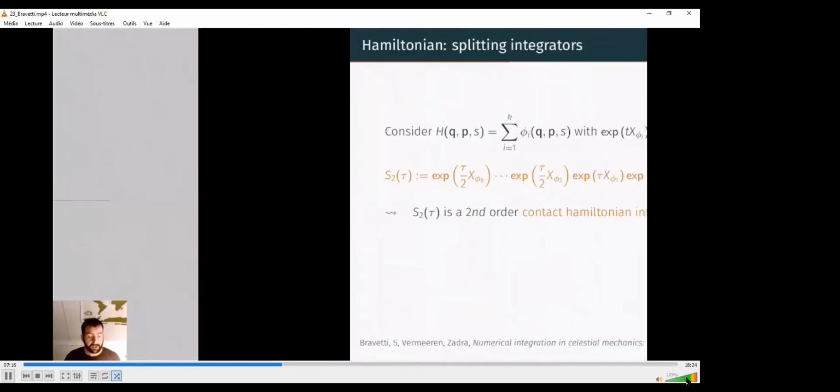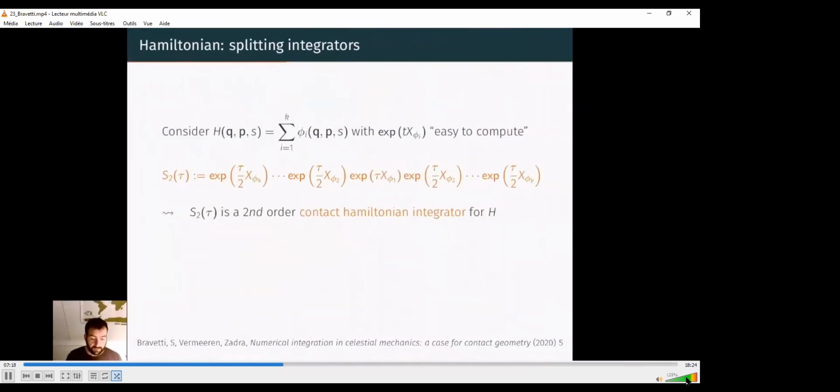So for the contact Hamiltonian integrator, what happens is that if you have a splitting Hamiltonian, so a Hamiltonian that you can split in terms of many vector fields, a special composition of the flows of these vector fields gives you a map. You just compute the flow of each vector field individually, you compose them, and you find out that this special composition, as you see for Hamiltonian systems, gives you a contact Hamiltonian integrator, in the sense that this flow will preserve the contact form.